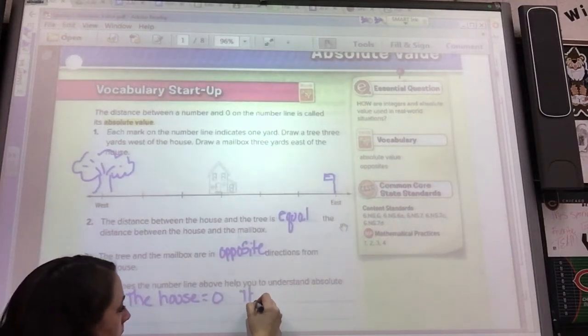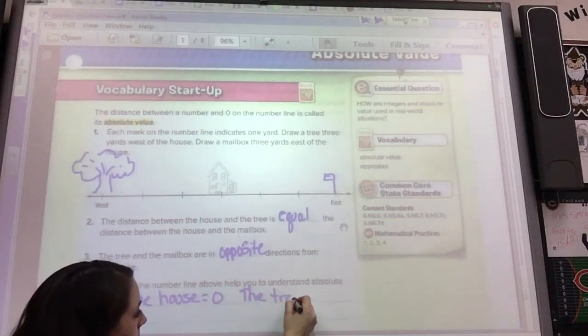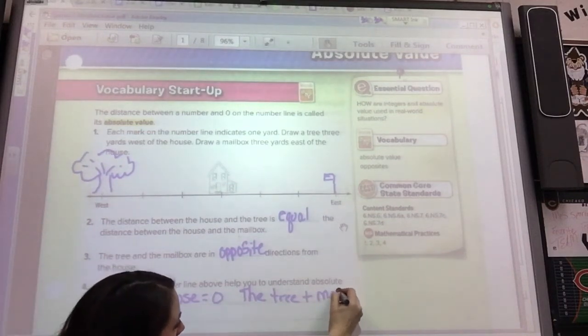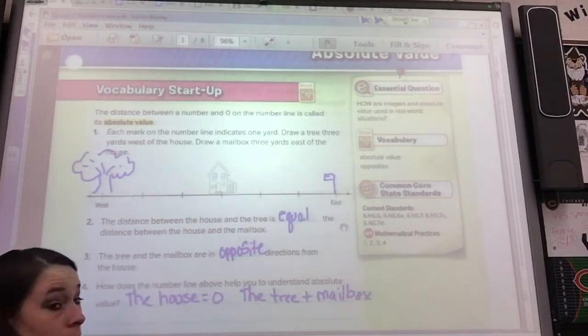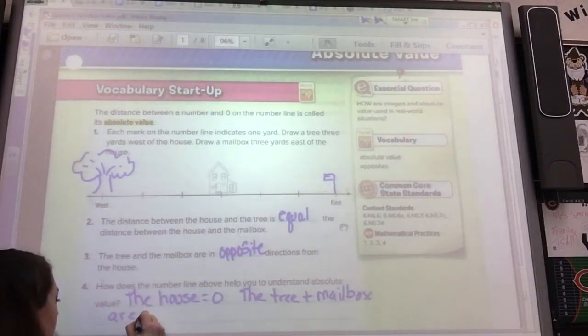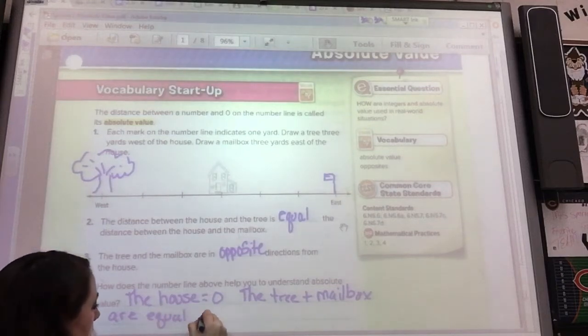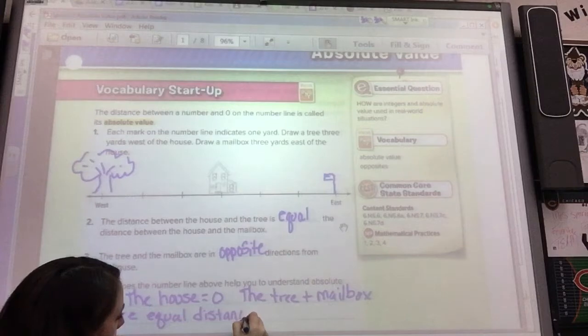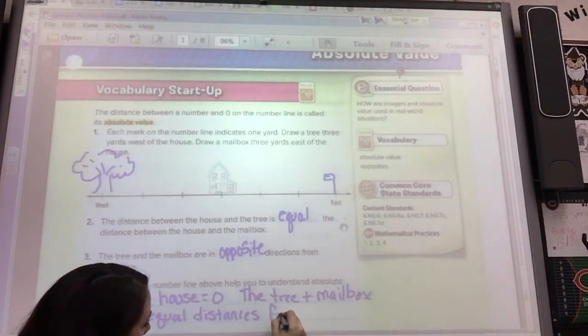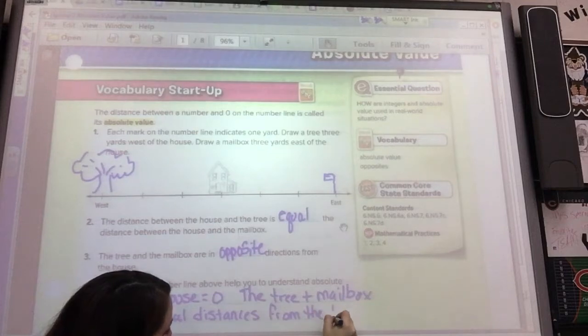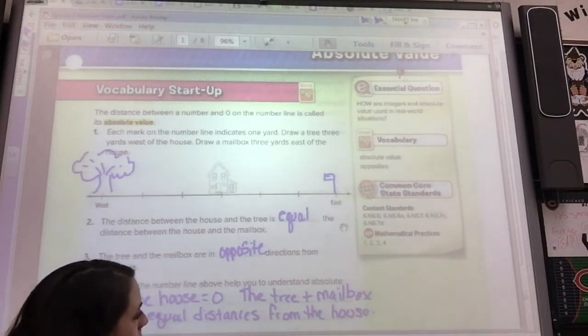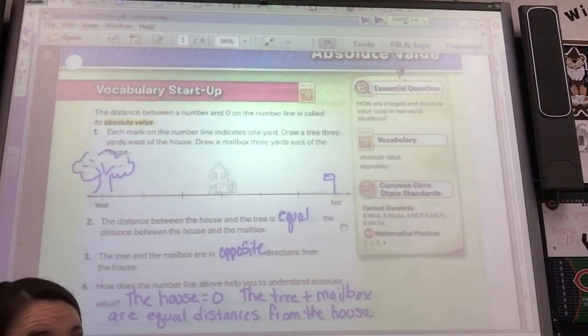And the tree and mailbox are equal distances from the house. Okay? So the house is 0 on a number line. The house represents 0 on the number line. The tree and the mailbox are equal distances from the house. That's all absolute value is.